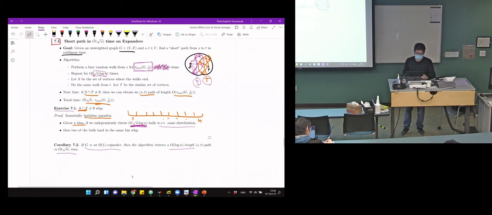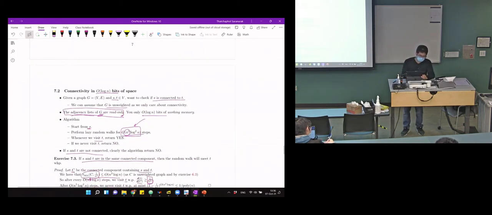So that's one. And another one is that, not just on expanders now, if you want to check connectivity between any two nodes in an undirected graph, then you just need log many bits of space. And actually the time is n to the fifth, something like that.